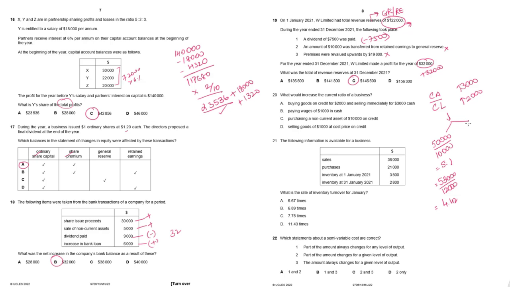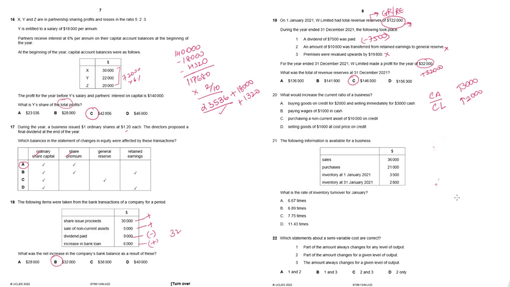Versus if you take another example, where the current ratio is 10,000 divided by 10,000, 1:1 currently, and once we change this, we increase it to 13,000 divided by 12,000. Now you see, the current ratio will be greater than 1:1. Why? Because 3,000 is a greater percentage of numerator versus what 2,000 is a percentage of denominator. So never get trapped in such questions.